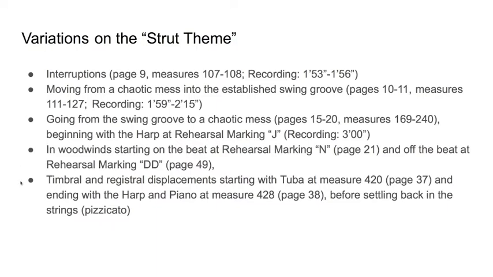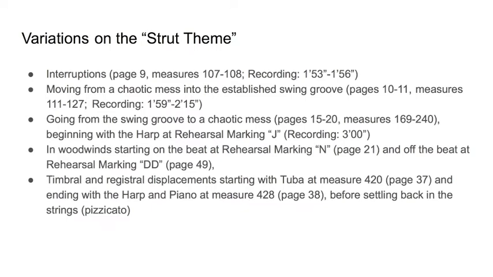There were also moments where I vary the strut theme through timbre and register and completely displace it. One moment that really stands out like that starts at measure 420, which is page 37, starting with the tuba. This is after kind of a long break in silence.